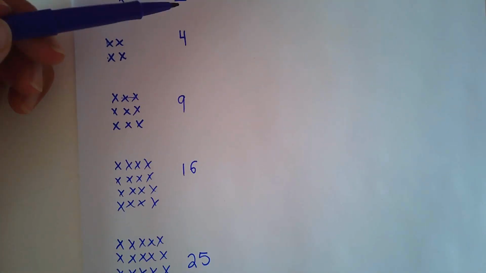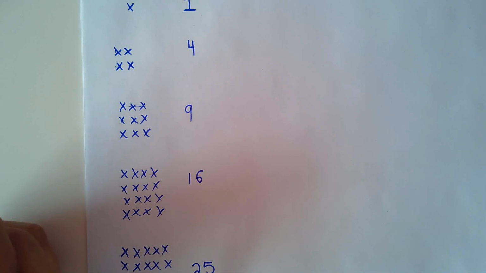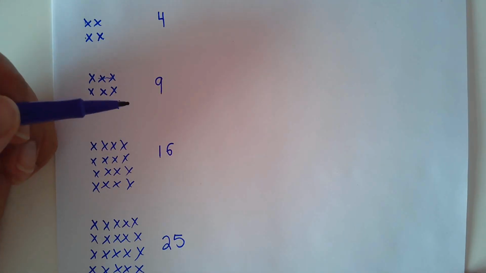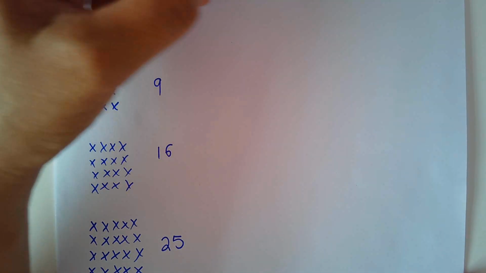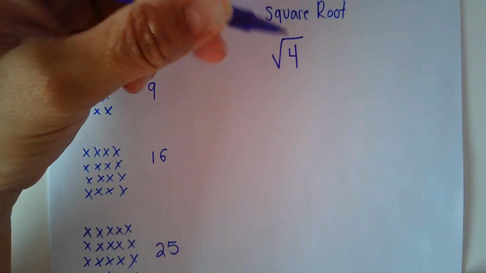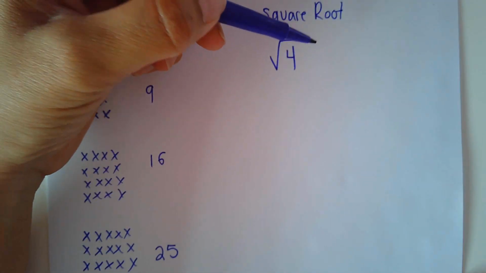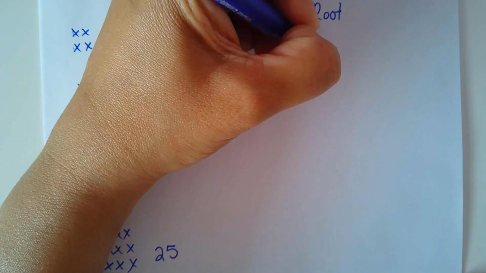So these numbers here are very special. They're called perfect squares. And then what you can do is, if you take the square root of that particular number, so if I wanted to take the square root of 4, basically you're saying what times what gives you 4, and it has to be the same number.